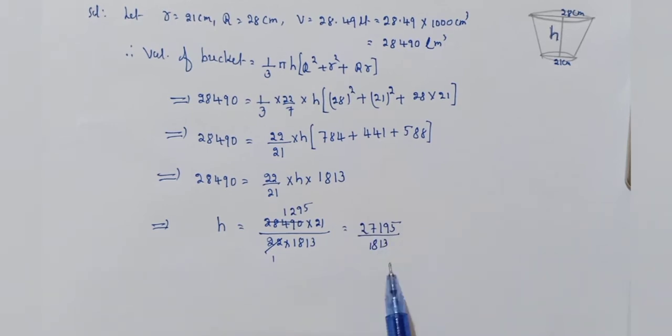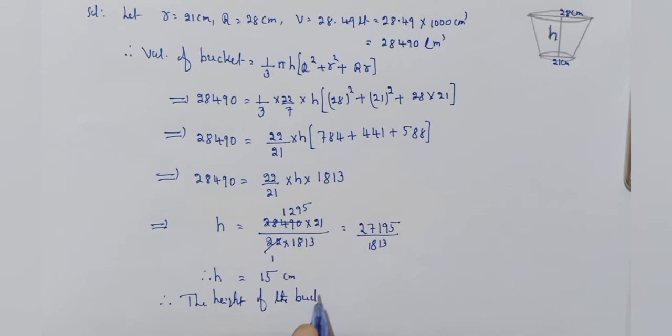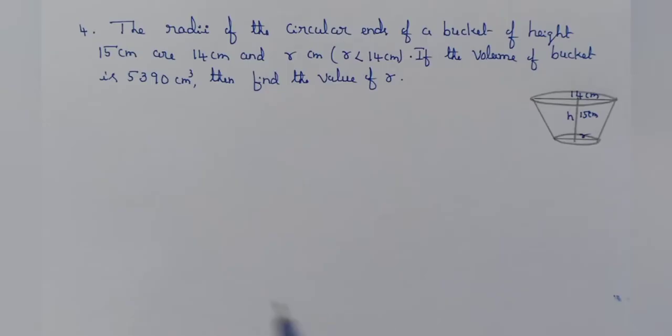If you divide 27,195 by 1813, that is equal to 15. It divides 15 times. So h is equal to 15 centimeter. Therefore, the height of the bucket is 15 centimeter. Next problem.